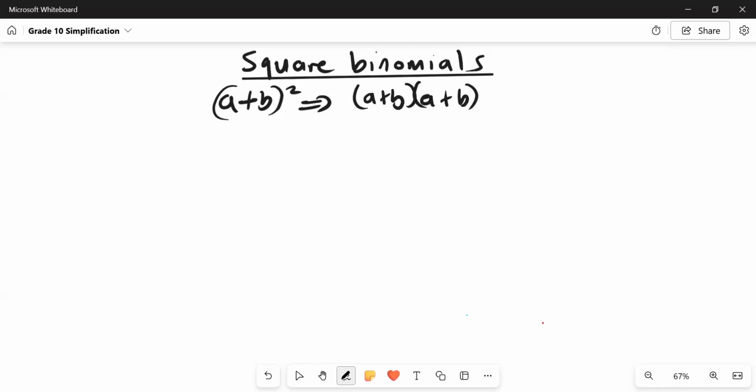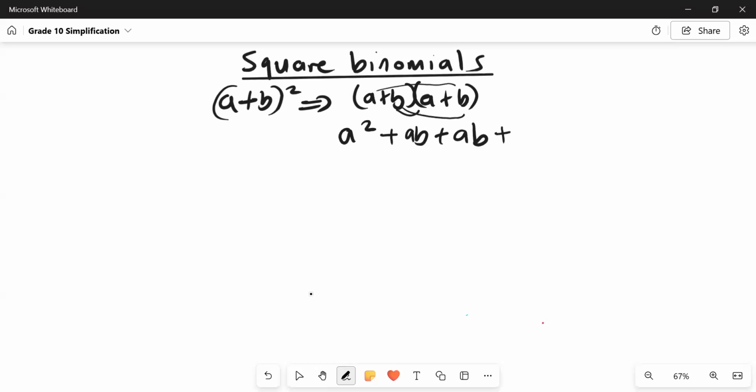And then from there, you apply the FOIL method where you multiply these ones, etc., right? So basically, when you multiply A and A, you will get your A squared. Multiply A and B, you will get your AB. Multiply B and A, you will get your AB again. And then multiply B and B, you will get your what?